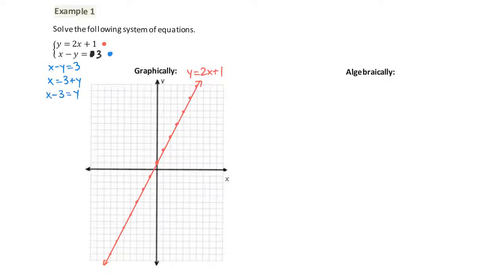And if you prefer that the y be on the left, there you go. Now this is in y equals mx plus b form. I can plot it. This has a y-intercept of negative 3 and a slope of 1, which is up 1 over 1. Keep going here, and then I'm going to put in my line.